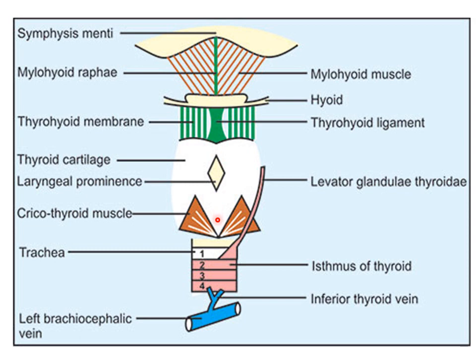Then we have the cricothyroid ligament, then cricoid cartilage. Then we have the first ring of the trachea and isthmus of the thyroid gland. Connecting the two lobes of the thyroid gland, we have the isthmus.